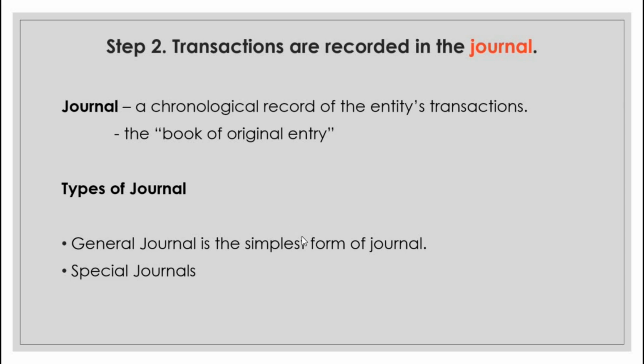So moving forward, let us now proceed to step 2, which has something to do with journalizing. So in step 2, the transactions are recorded in the journal. Saan ba itong journal? So journal is a chronological record of the entity's transactions.